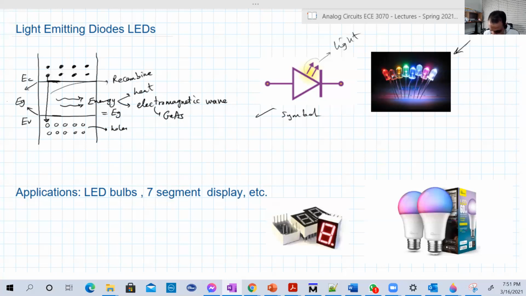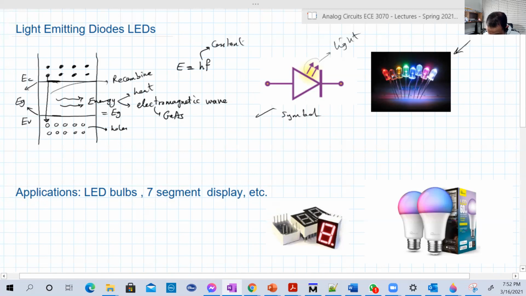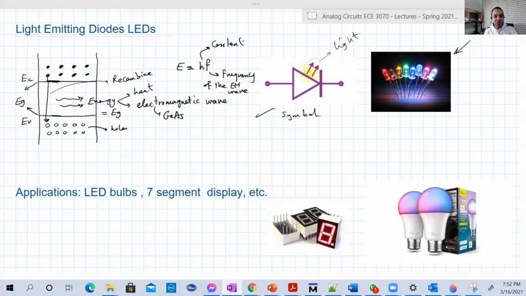This energy is equal to hf, where h is a constant and f is the frequency of the electromagnetic wave. If this frequency is equal to one of the frequencies of the light that we know about, the white light, or the red light or the blue light, then we can have different light emitted after the recombination process.